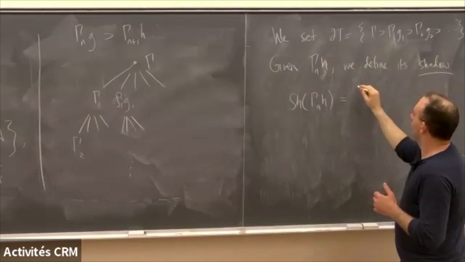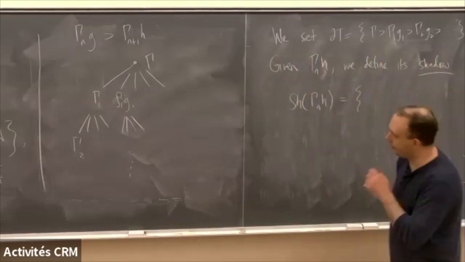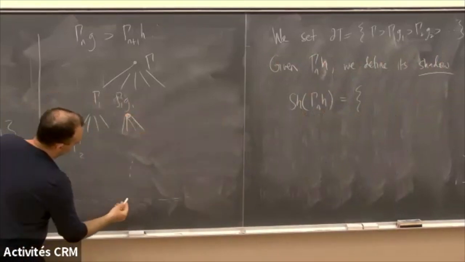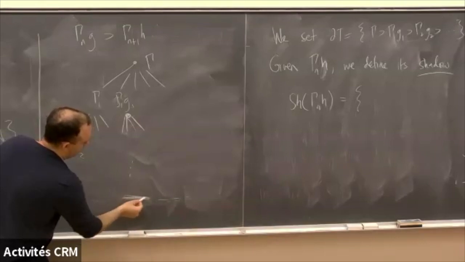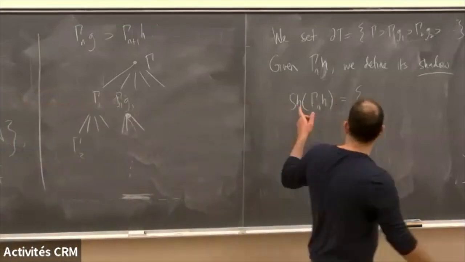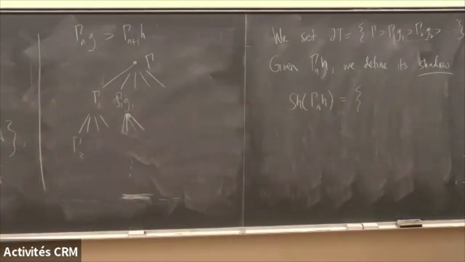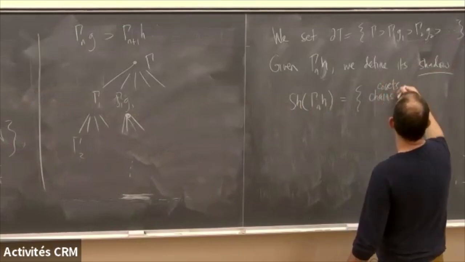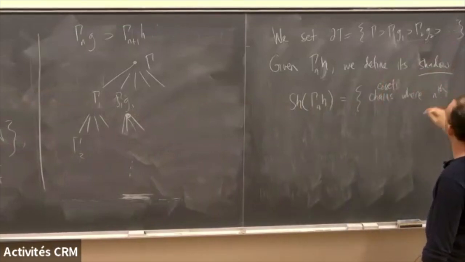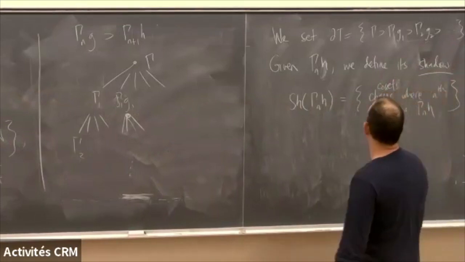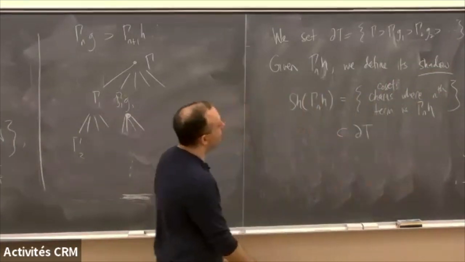So this is the shadow of gamma n h. The picture you should have in mind is that if I have this coset here, then the shadow is the points in the boundary that are below it. How do you make that precise? The shadow is all coset chains where the nth term is gamma n h, and this is a subset of the boundary.